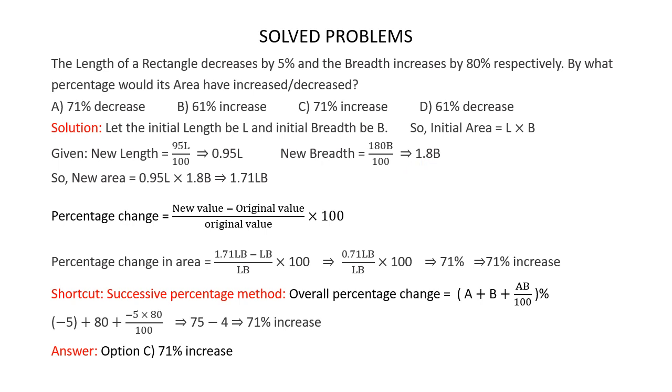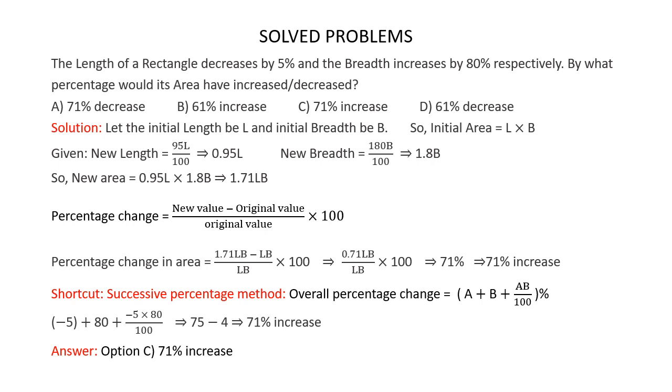So the new area of the rectangle, which is equal to new length multiplied by new breadth, would be 0.95 L multiplied by 1.8 B. So the new area is 1.71 LB. So now we know the initial area or the original value is LB and the new area or the new value is 1.71 LB.